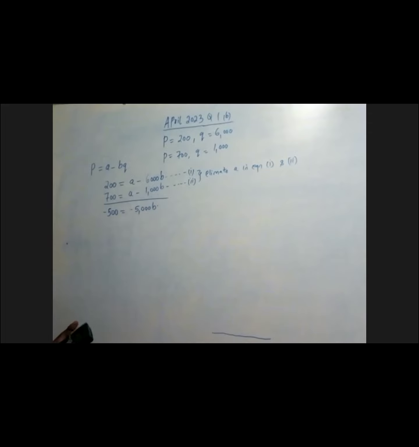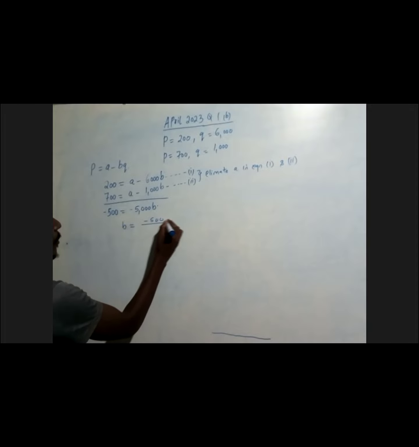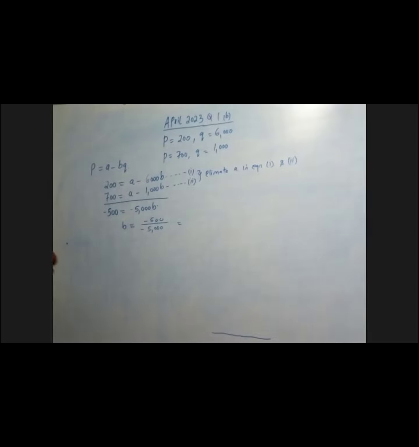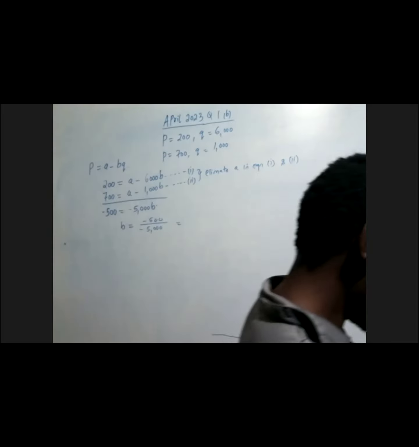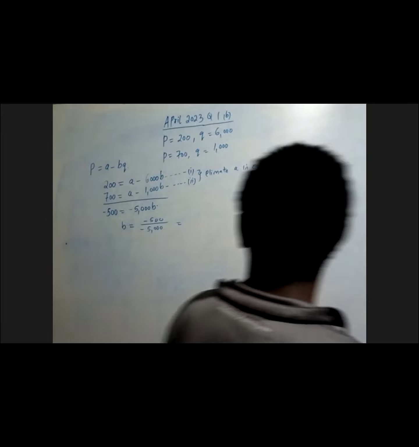Now find B. B will be equal to minus 500 divided by minus 5,000. What would be our B? Minus 500 divided by minus 5,000 will be equal to 0.1.